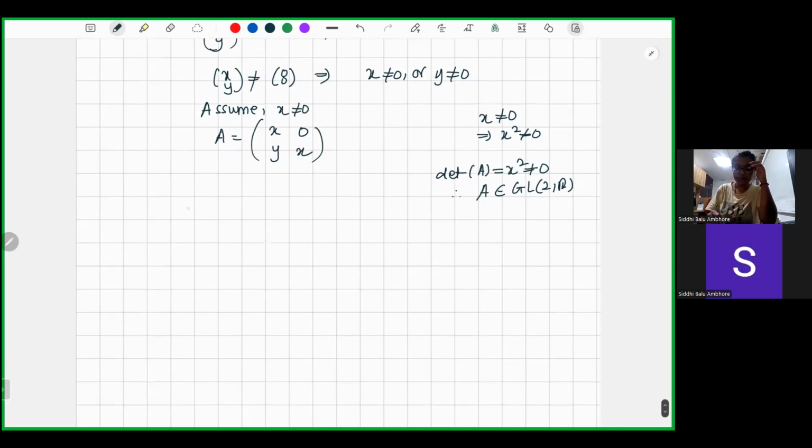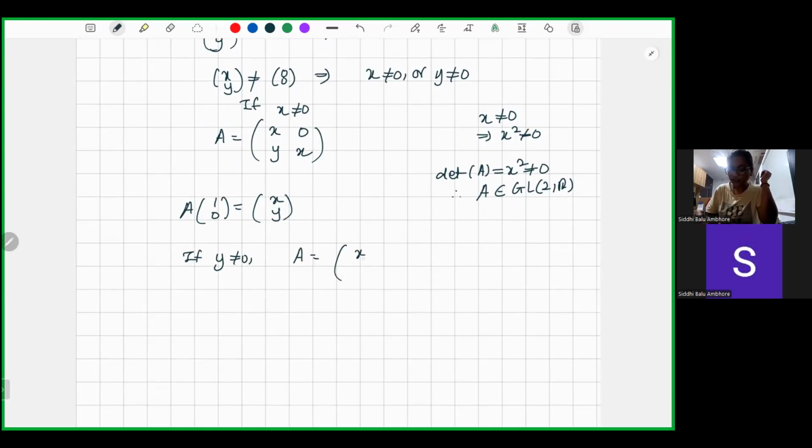And when I multiply this A with 1, 0, as we saw earlier, it gives me the first column. Similarly, if y is non-zero, then I can choose A to be the matrix x, y, y, 0.